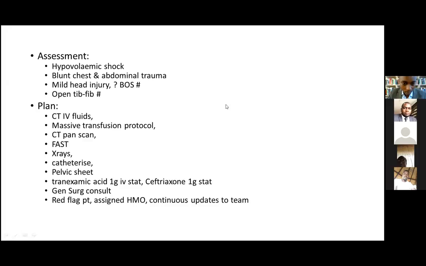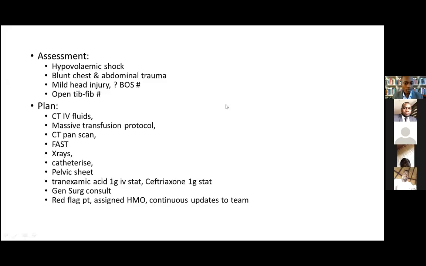Hello. So tranexamic acid is an antifibrinolytic agent. It acts by inhibiting the breakdown of fibrin, which stabilizes the clot.